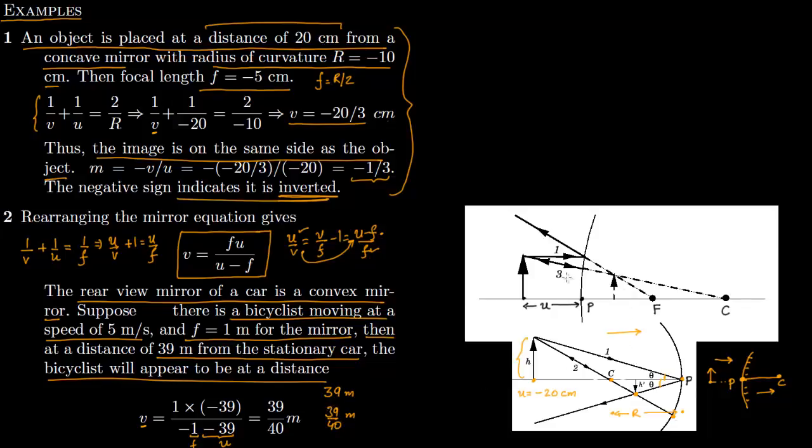We have seen this before. For a convex mirror, you put a parallel beam of light, it appears to diverge. So the beam of light comes like this, falls on the mirror and then diverges, but it appears to be coming from the focus.